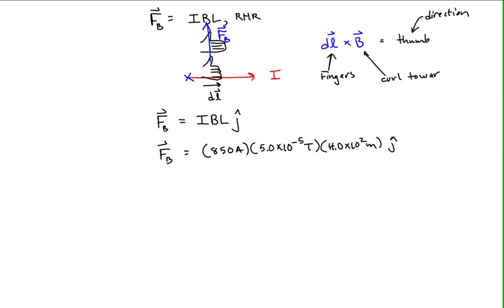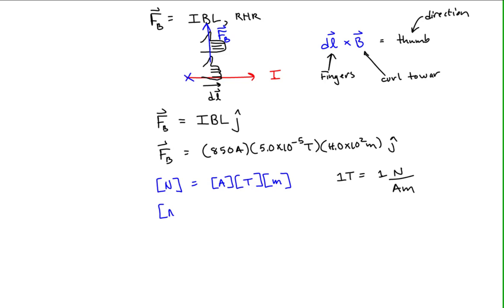So let's do a unit check before we plug this into our calculators. On the left-hand side, we have force, so that's the unit of Newton. So we're looking for Newton on the right-hand side. On the right-hand side, we have an amp, a Tesla, and a meter. Remember that 1 Tesla is equal to 1 Newton per amp meter.